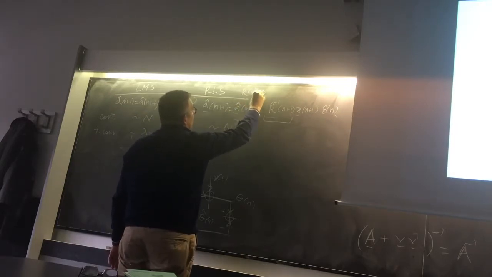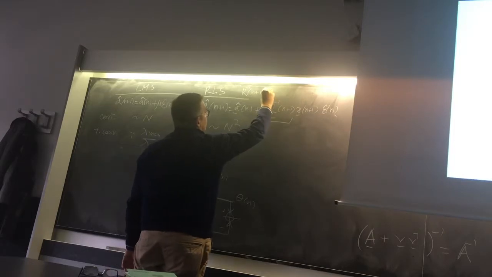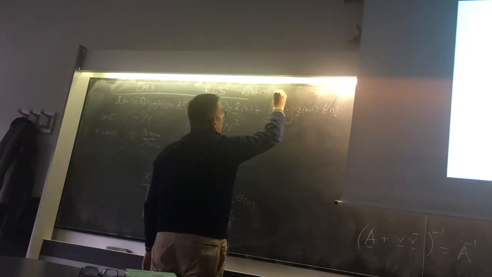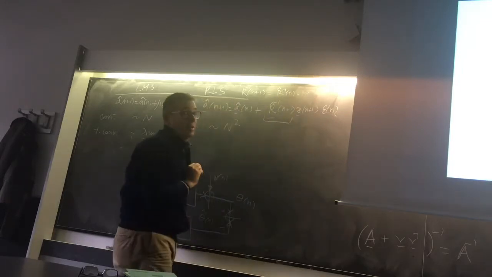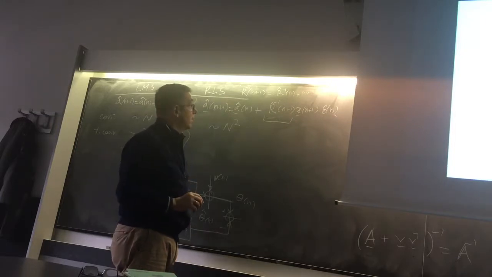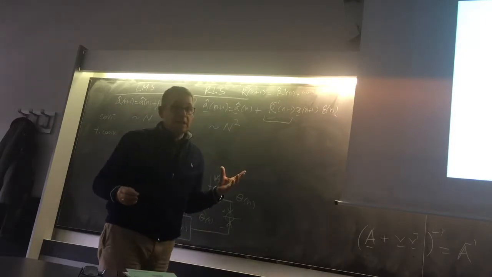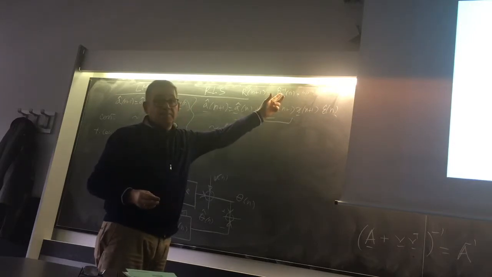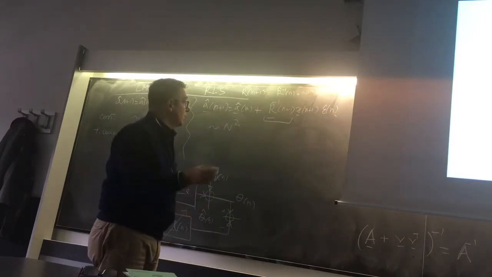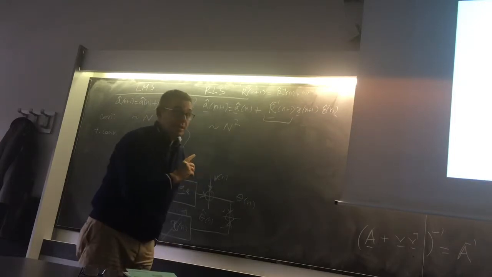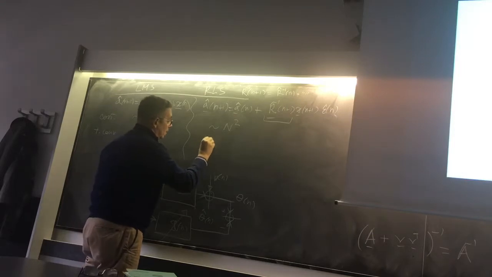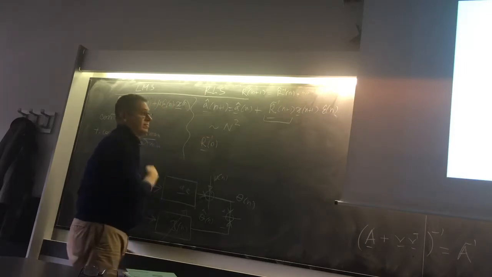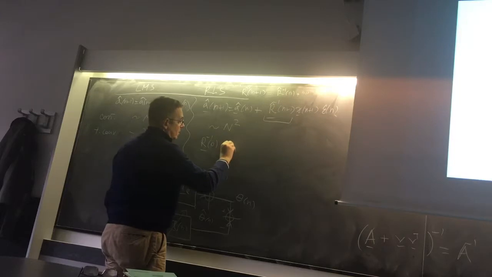R_{n+1} is computed from R_n, plus or minus a correction term. Since I'm computing it this way, I need to decide how to initialize it. So I need to initialize the RLS by setting a certain value for R_0^{-1}. That is the initialization.